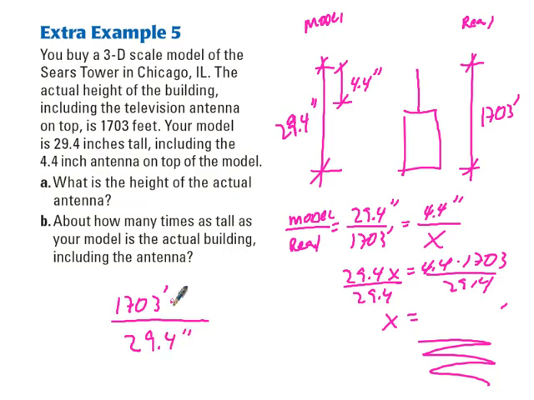So we'll have to take this and multiply this by 12 inches over 1 foot. So now my feet will cancel out, and we're going to get some big number there. I'll pause that and answer that question. Punch those numbers on the calculator, and I get approximately 695 times taller.